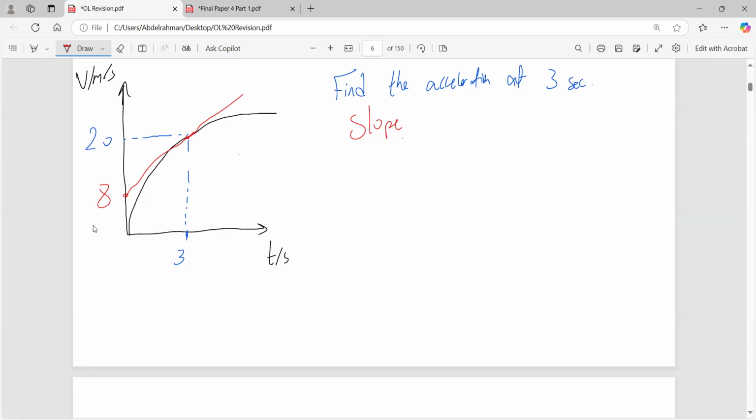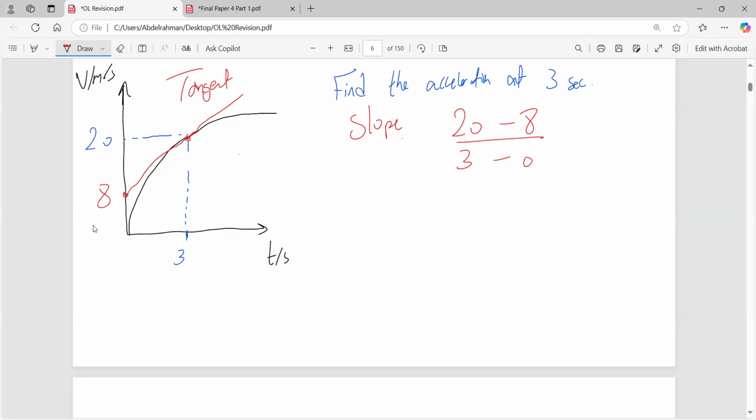Can I find the slope now? Yes, I can find the slope. It would be 20 minus 8 over 3 minus 0. Because I have 2 points on the tangent line. You must draw the tangent line to find the slope, to find the acceleration.